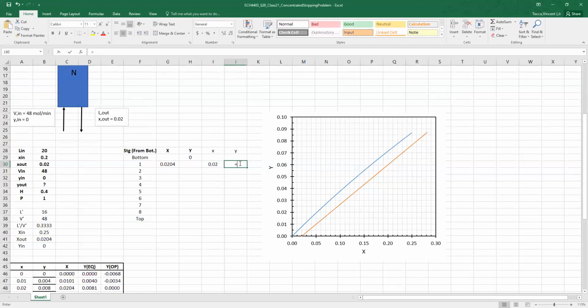Little y is in equilibrium with little x, so it is equal to H, I want to dollar-sign that, divided by P, dollar-signed again, times little x. And that will give me the y that is in equilibrium. The final step here is I have to convert back to big Y, so that is going to be equal to little y divided by 1 minus little y.